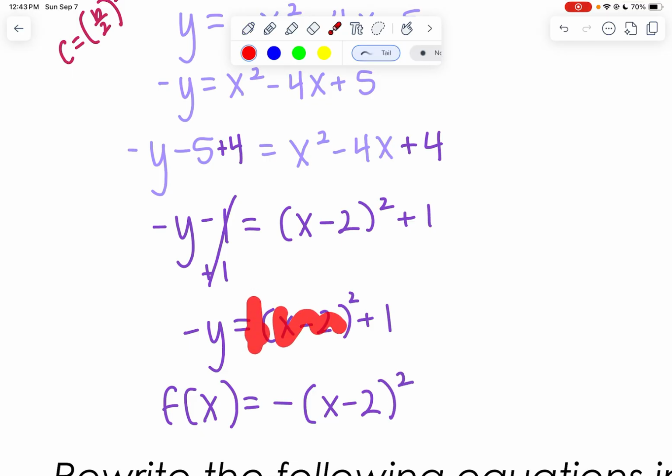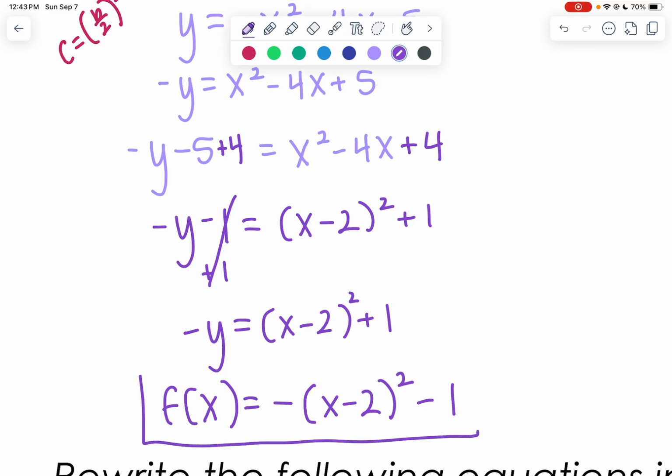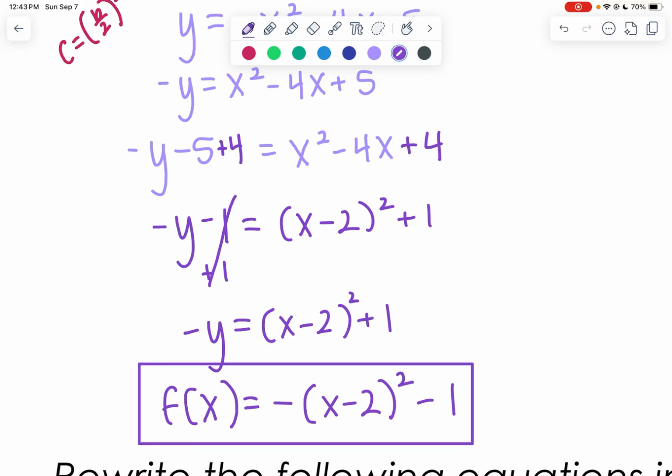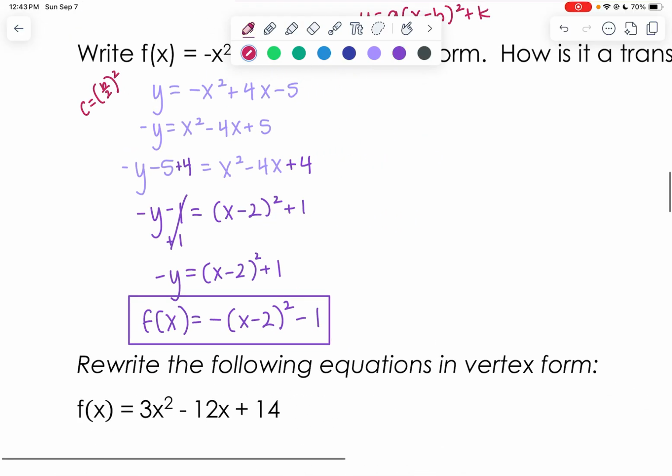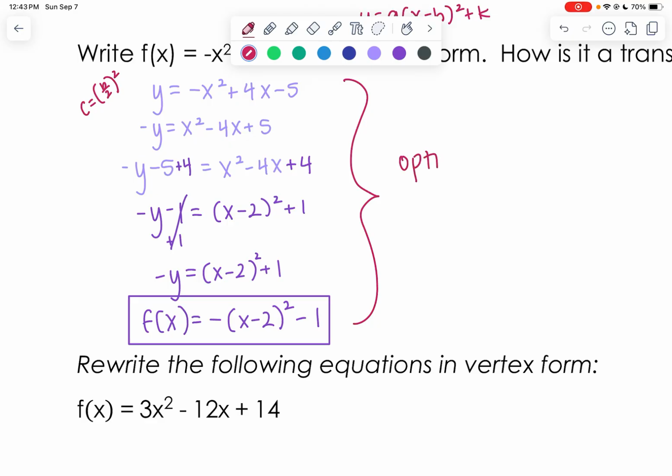But this positive 1 is going to change to a negative 1. And this plus 1 is also going to change to a negative 1. And then boom. There is standard form converted to vertex form. So one way to do it is to complete the square. That's option 1.